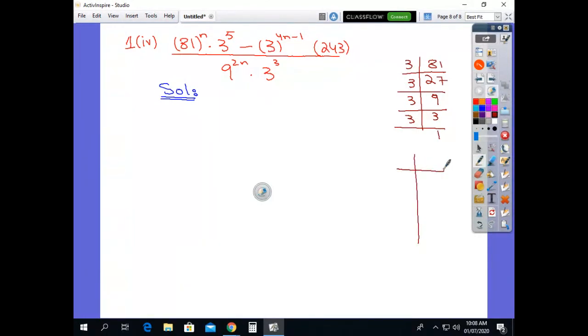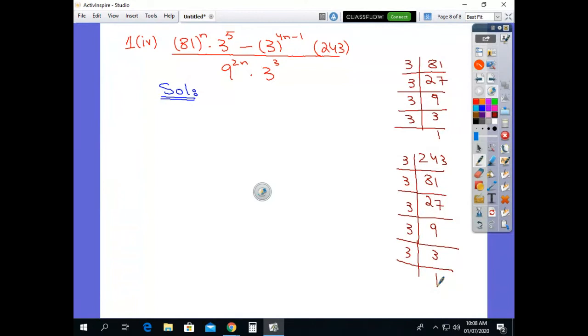Similarly, if we take the LCM of 243, it becomes 81, 27, 9, 3, and 1. Which means that if we multiply 3 four times, it becomes 81. If we multiply 3 five times, it becomes 243.